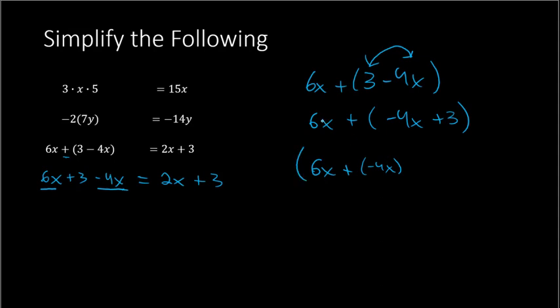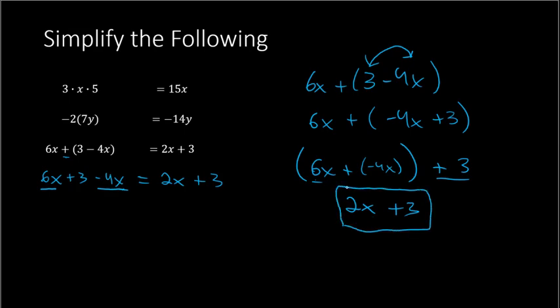So you got 6x plus a negative 4x put together in parentheses, and then added with a 3 outside. 6x plus negative 4x is the same thing as 6x minus 4x, which again would give you the 2x, and the plus 3 is over here. So different ways of thinking of that. Either way, you would get your simplified answer of 2x plus 3.